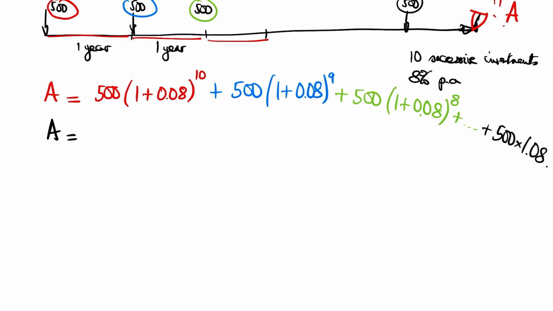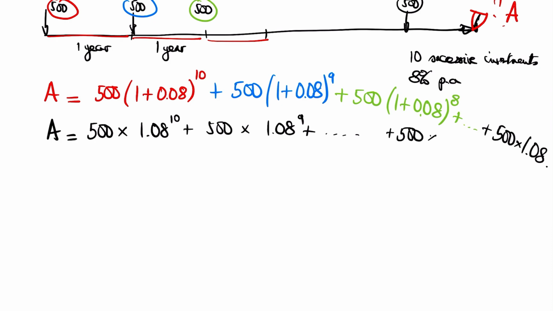Right, phew. That's a long calculation, but we can simplify it. First I can rewrite it as 500 times 1.08 to the power of 10 plus 500 times 1.08 to the power of 9 plus, and so on, and the last one is 500 times 1.08. So I can do a bit of factorization there.